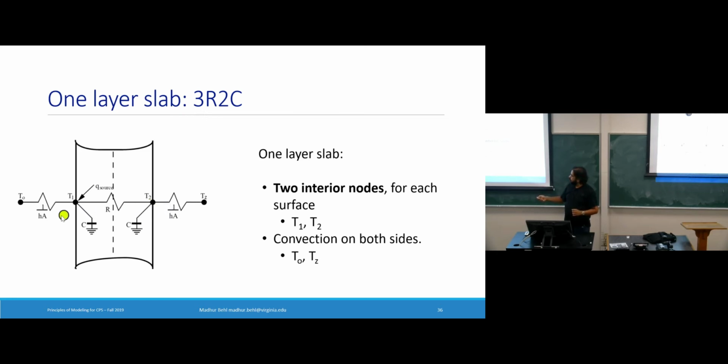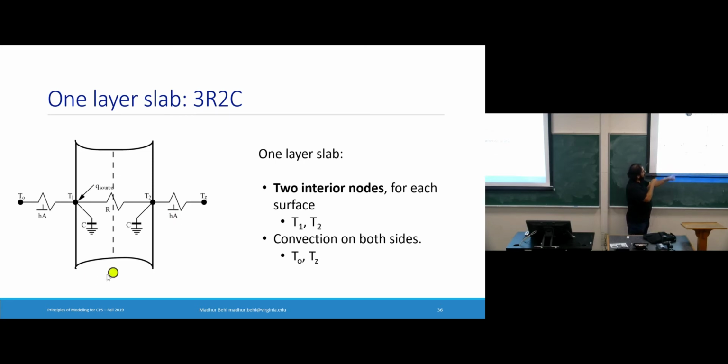We can describe this conduction by a conductive resistance, which is this property of L over K, the Ohm's law stuff that I talked about earlier. And finally, the inner temperature of this wall has another convective heat transfer with the zone temperature. Here I am explicitly ignoring the radiative heat gain that can also come to T2, because it's negligible compared to the main thing, which is convection.